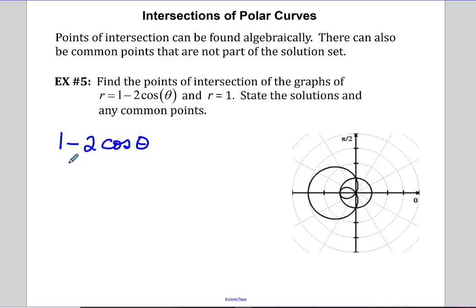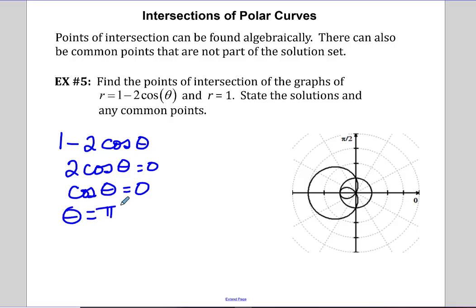We know that we have 2 cosine theta is 0, and dividing by 2, cosine is 0 when theta is 90 degrees and 270 degrees. And we want to look at where, let's see, we want this intersection and this intersection. So one of them is when r is 1 and theta is pi over 2.